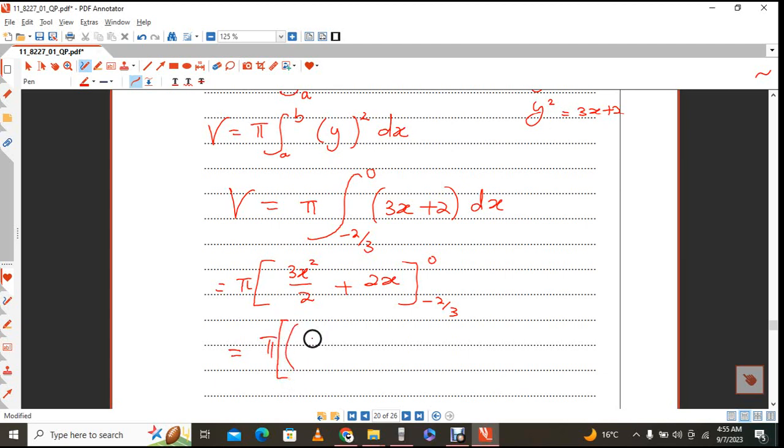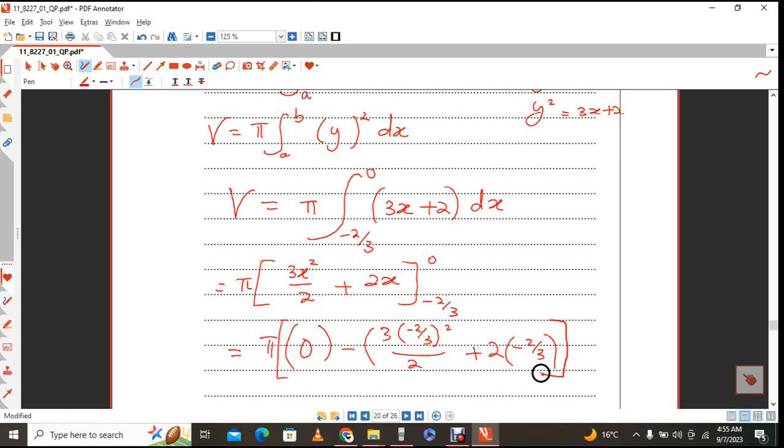this is going to give me 0. If I put the 0 in here, this is just going to give me 0. Minus, if I do the second part, that's 3 in brackets, minus 2 over 3 all squared upon 2 plus 2 times minus 2 over 3.